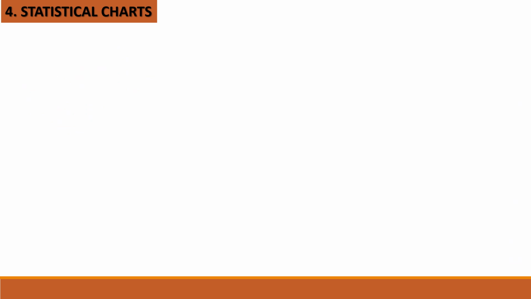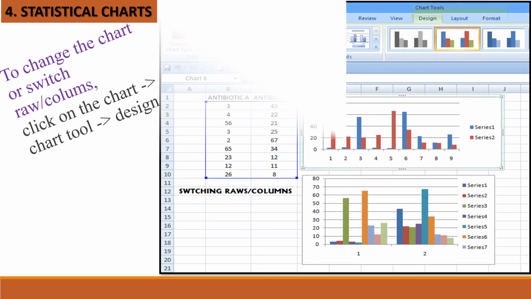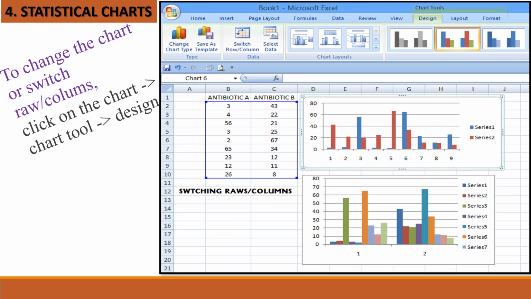Some of the options we can explore, for example, we can decide to change the chart type or switch the rows and column. In order to do this, we simply click on the chart, then click on the chart tool, then click on the design, and then from there we can change the chart type, or we can click on the switch row and column directly.